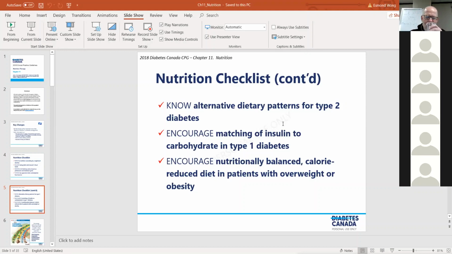Because carbohydrates get broken down into glucose, and that's when insulin is released in the body. Correct. So we're just replacing what the body would normally do. If you eat carbohydrates, they're broken down into sugar, into glucose, and then your body releases insulin to cover that glucose that comes from the food.